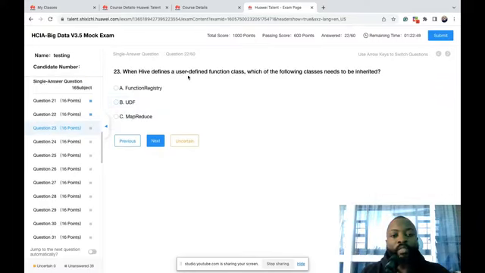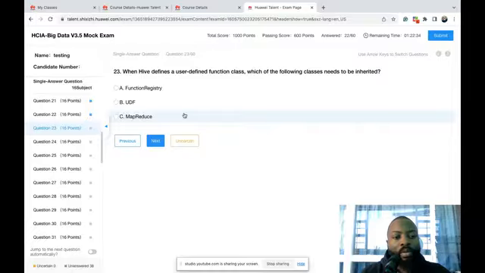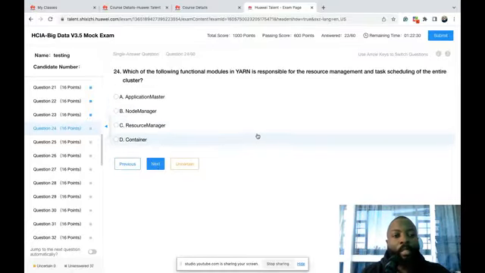And then when I define the user defined class, which of the following classes need to be inherited? Yeah, the UDF, which is option D. Which of the following functional modules in Yarn is responsible for the resource management and task scheduling of the entire cluster?